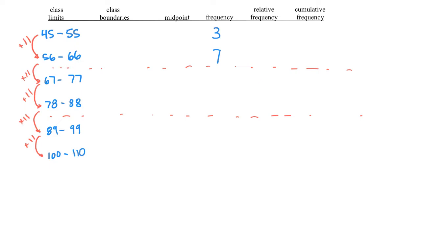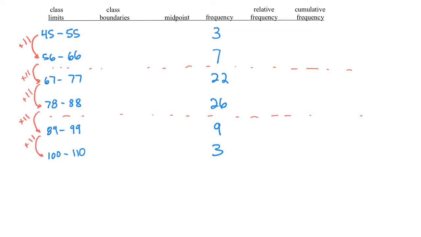Remember, there are 70 numbers altogether, so when we add up all these frequencies, we should get 70. Okay, so if you did that, you find out there are 22 here, 26 here, 9 here, and 3 here.